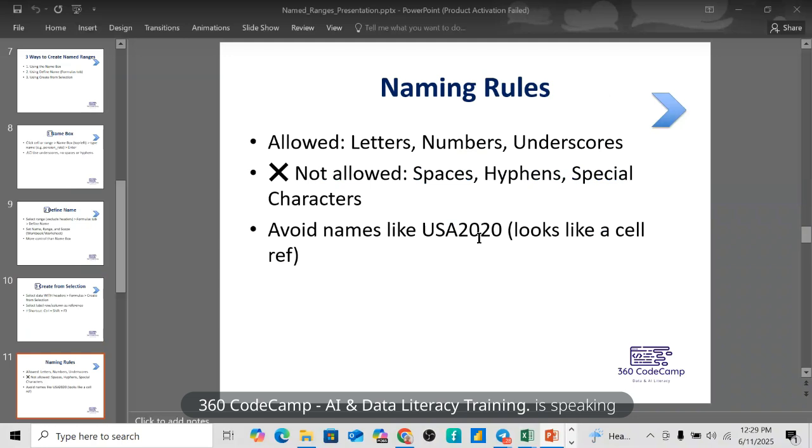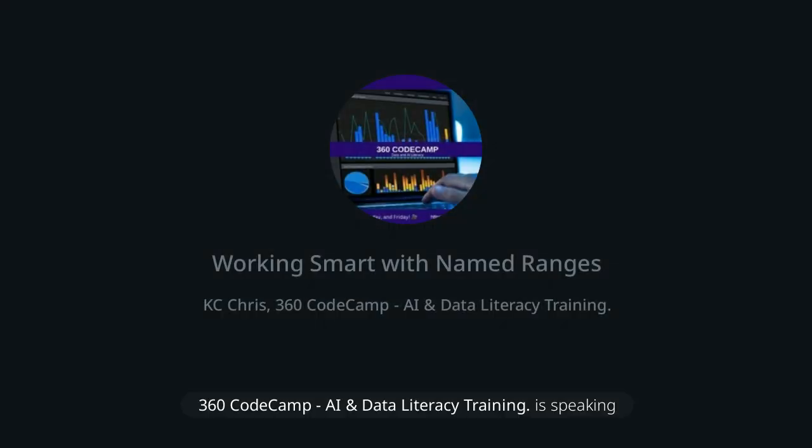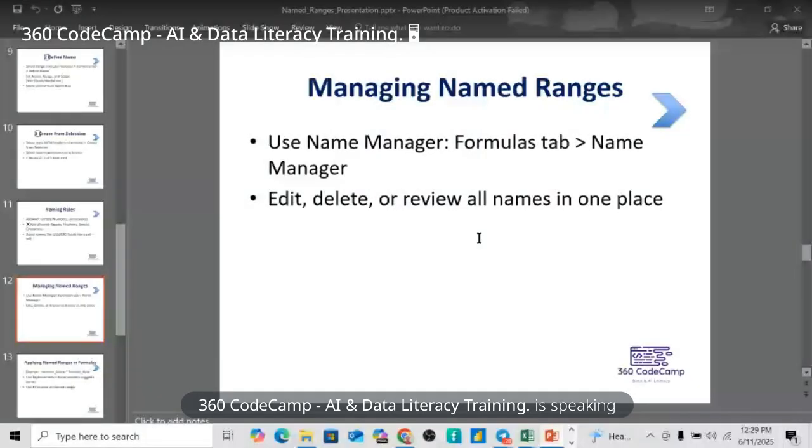Then, managing name ranges. Like I said, you use the Name Manager. You will see that in practice, to edit or delete, or even assign a new name to a new cell or range of cells, or to review all the names in one place.